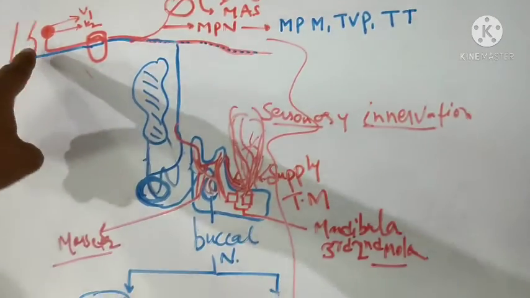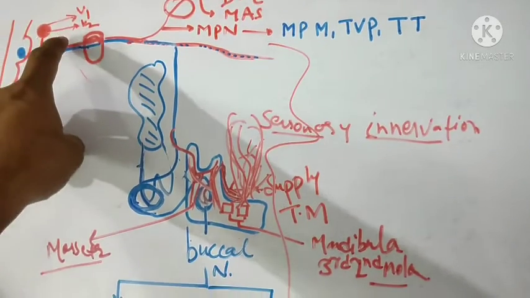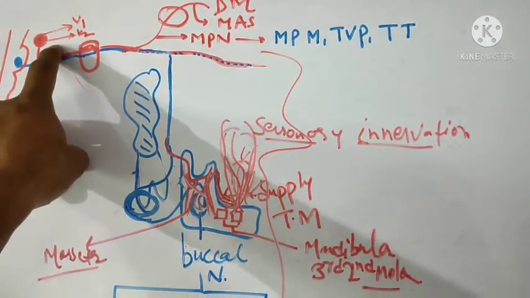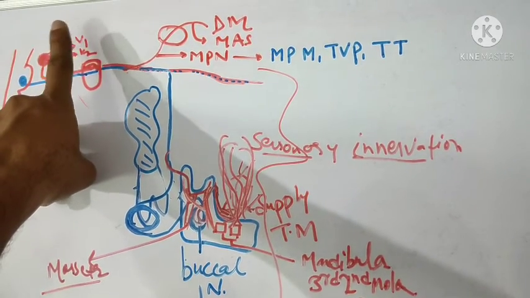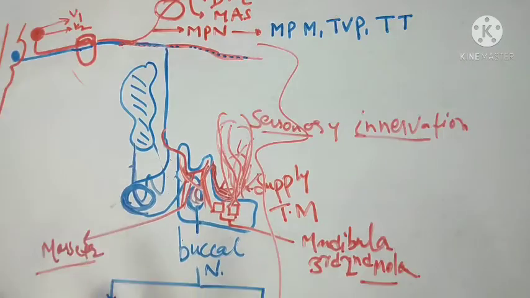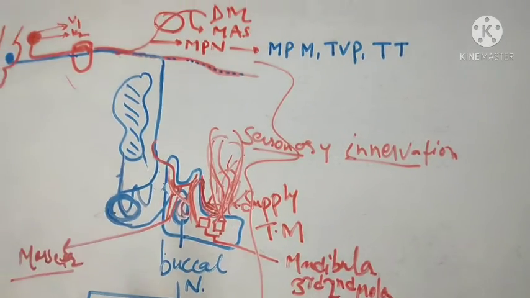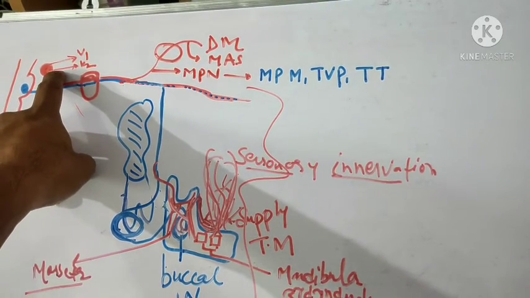See, this is the pontine area. Here in the petrous part of the temporal bone, the trigeminal ganglion will be situated. From the upper aspect, through the superior orbital fissure, comes V1, the ophthalmic division of the trigeminal nerve.